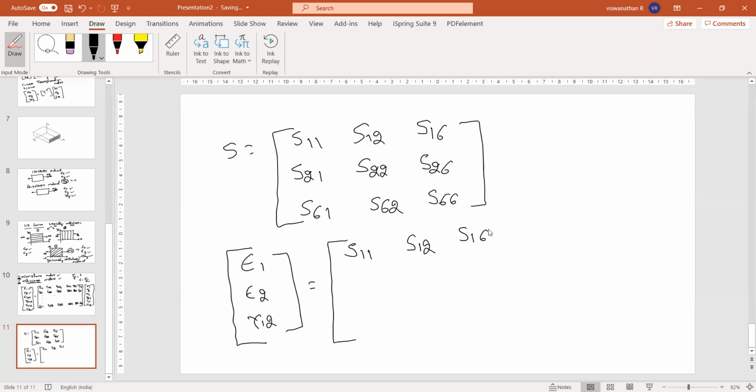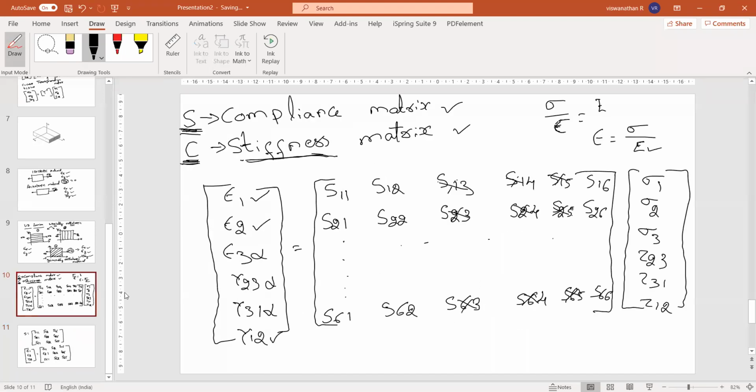Why 6 here? S21, S22, S26. Why is it 6 suddenly here? S61, S62, S66. Why is it 6 here?